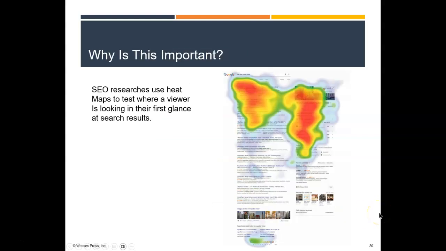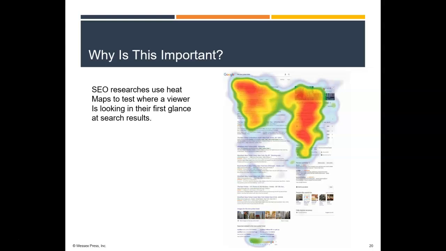Why is this important? SEO researchers use heat maps to test where a viewer is looking in their first glance at search results. Without some of us knowing, but I know all of you know because of course you took marketing, companies are using heat maps to see where the person's clicker or eyes go.